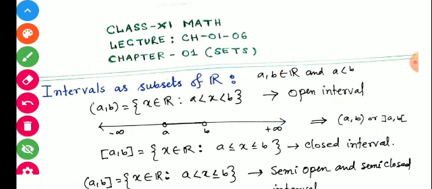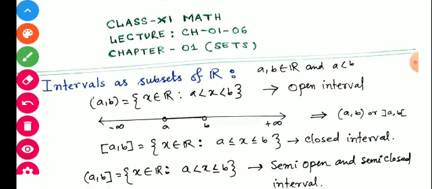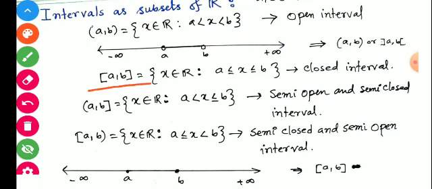Now the closed interval of a comma b. The closed interval is the set of x, where x is a real number such that x is greater than or equal to a and less than or equal to b.